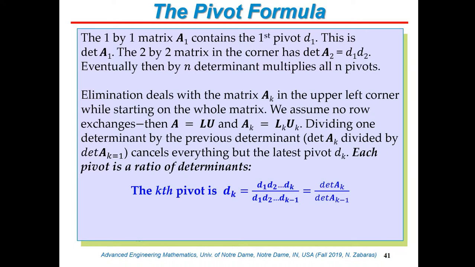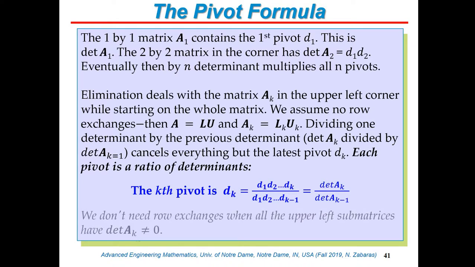Again, always defining these matrices starting from the top left. Okay, so this is a very nice way to actually see the pivot elements being nothing else but a ratio of determinants.